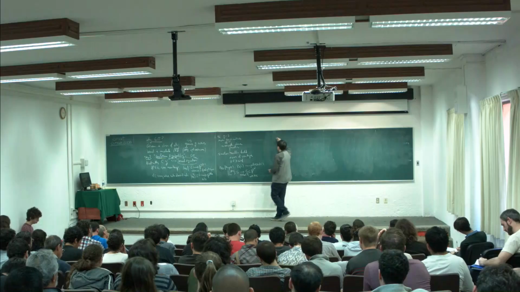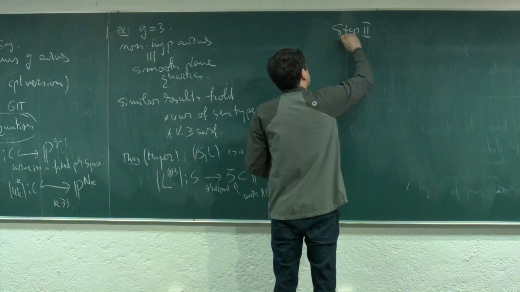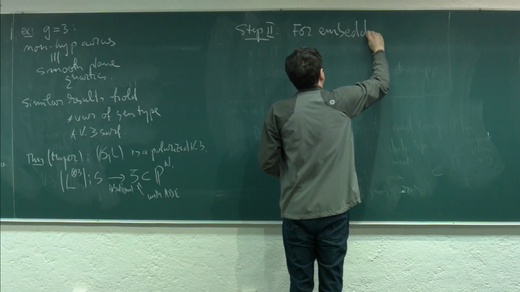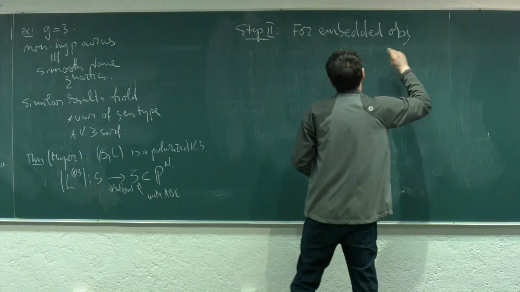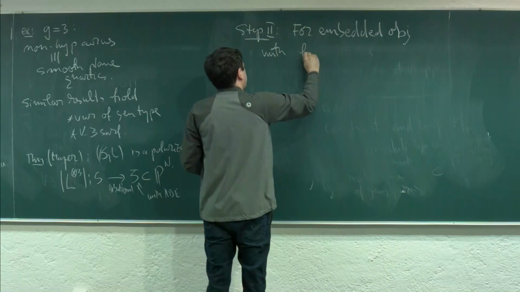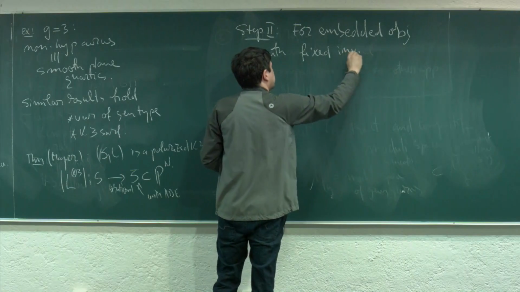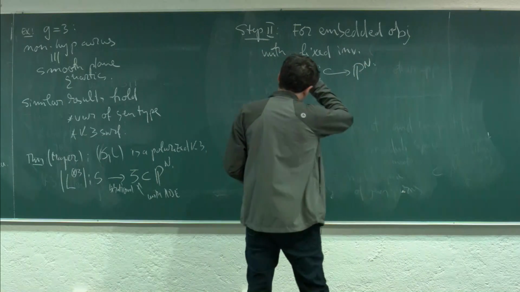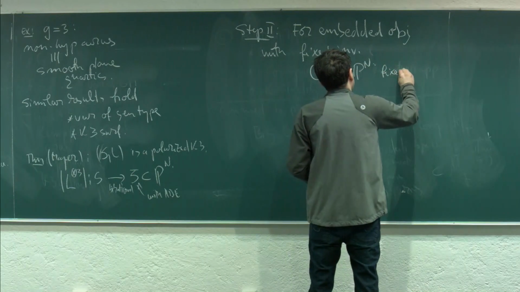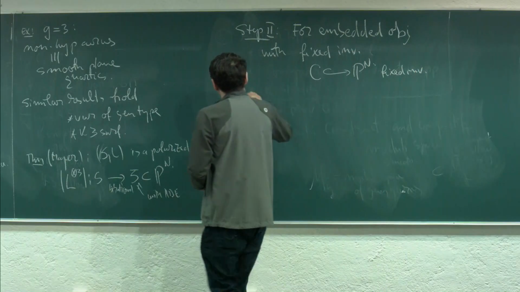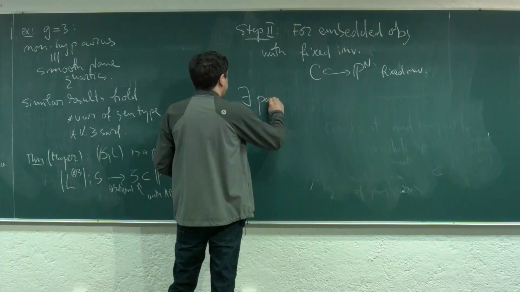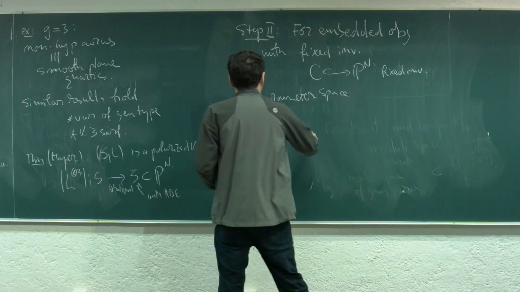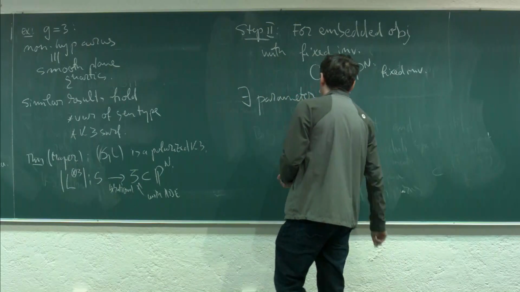step 2 is for embedded objects with fixed invariants. So if I'm embedding C into P^n, with these fixed invariants, there exists a parameter space, which in general is called the Hilbert scheme.